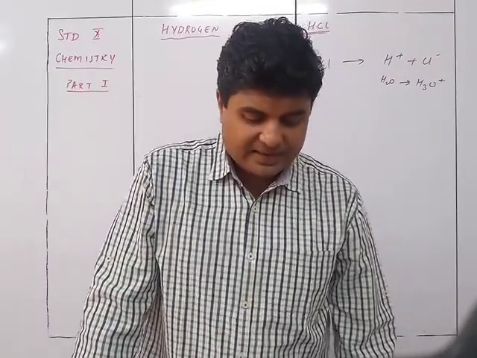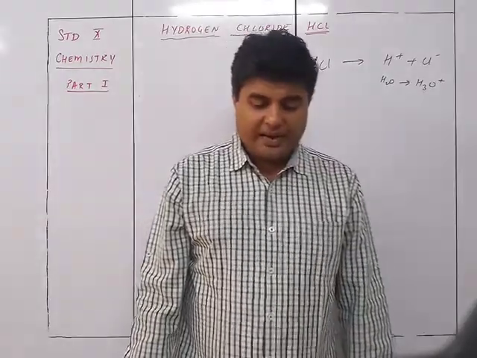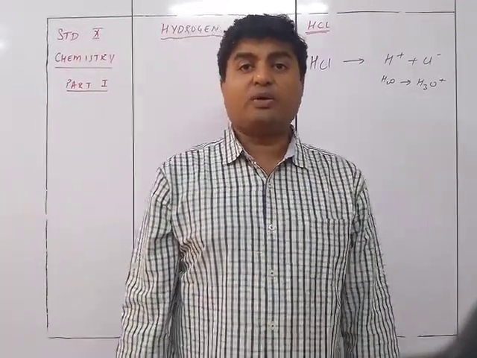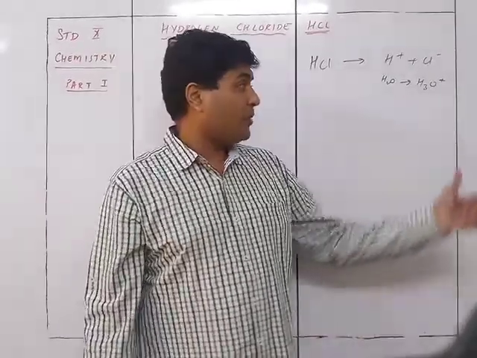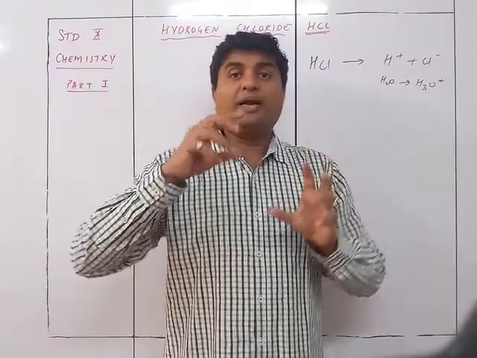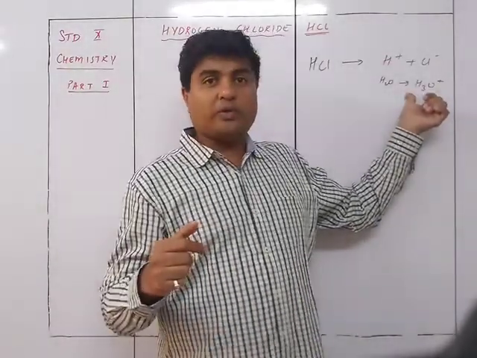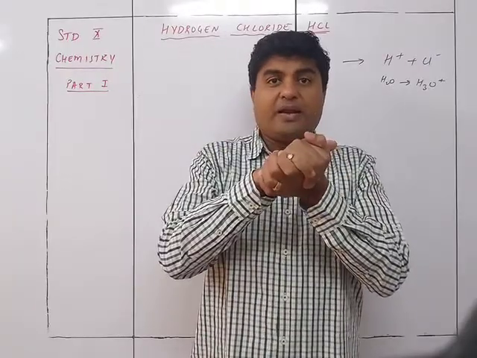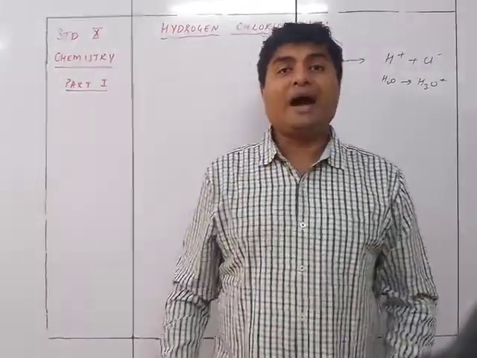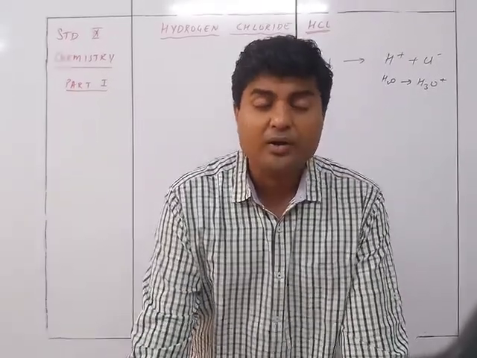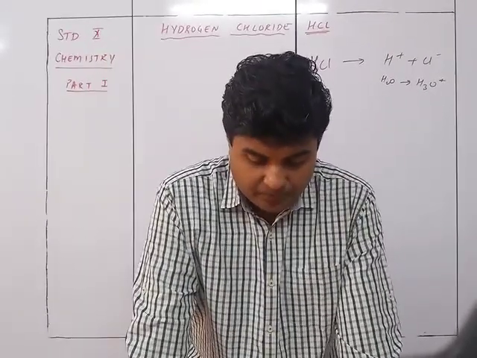HCl gas is hence a covalent compound which behaves like an ionic compound in aqueous solution, forming H plus and Cl minus. Actually it is a covalent compound, with sharing of electrons. But as soon as it comes in contact with water, it gives H3O plus and Cl minus, an ionic compound. So hydrochloric acid will be ionic in nature.